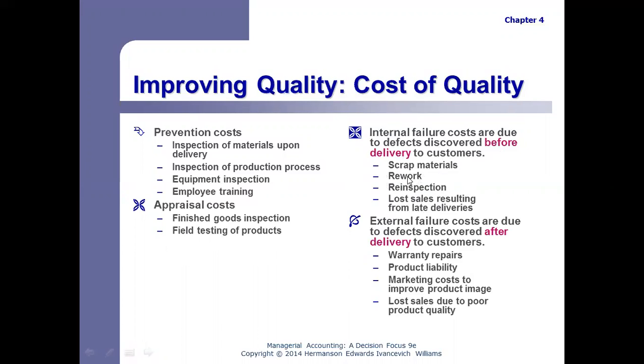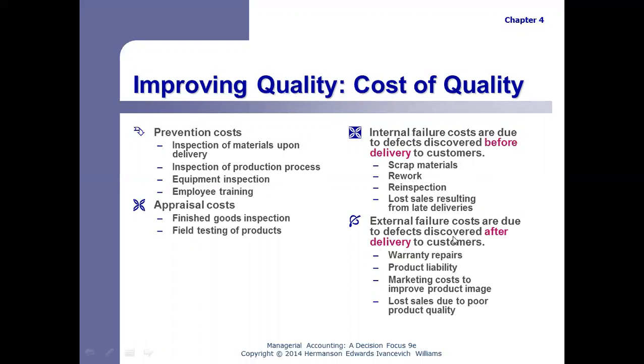If you have to rework any products because they're defective, you might have to scrap the materials if you've inspected the materials and found they're not good. The cost of re-inspecting again after you've reworked it. So internal failure costs are costs that occur before you send the product to the customer.